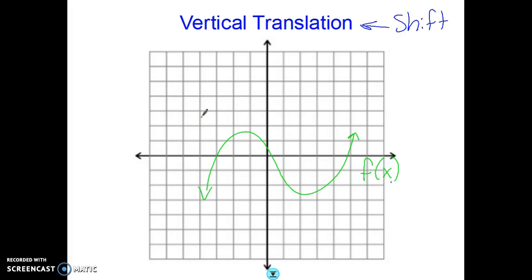Everything stays the same except now it's up here instead. So this is a vertical translation up by maybe, well, my sketch isn't perfect, but probably about 4.5 or 5 units.